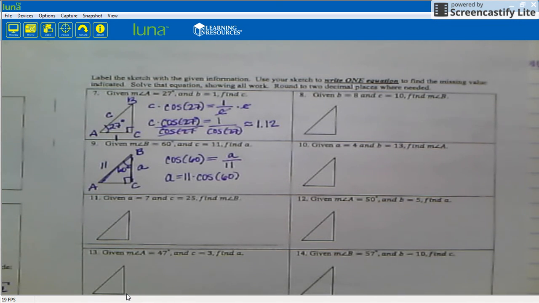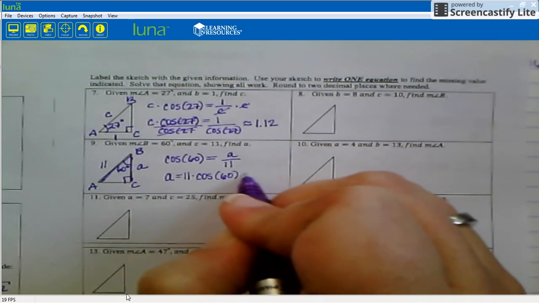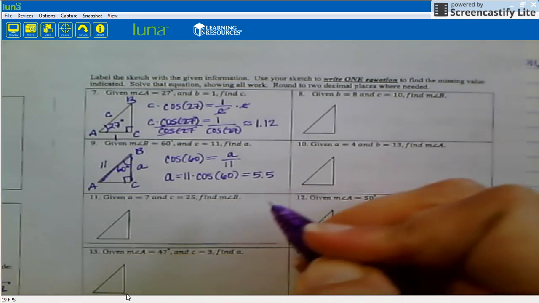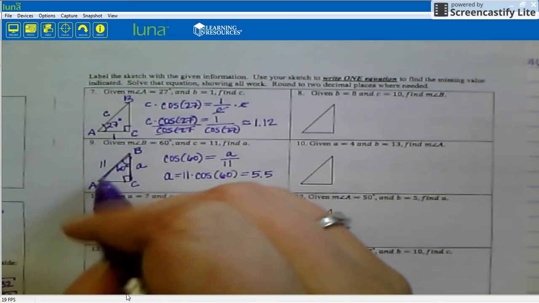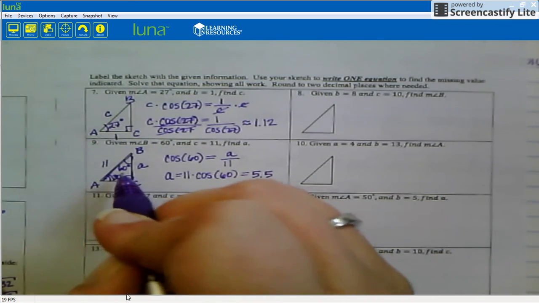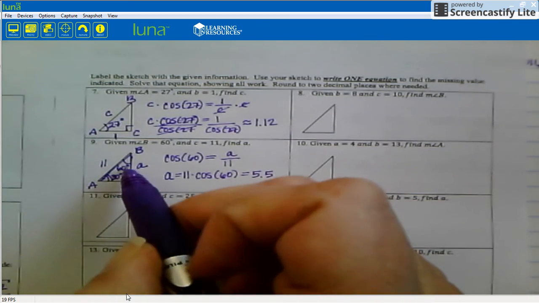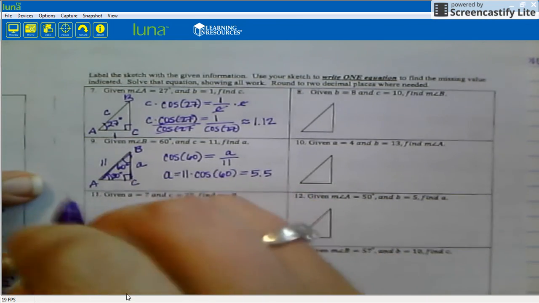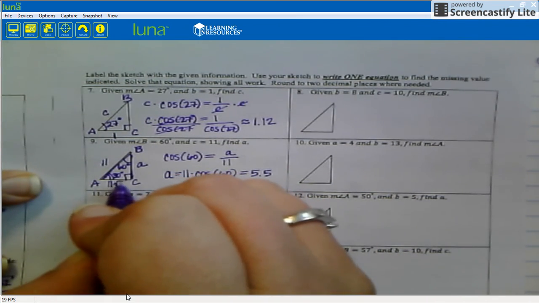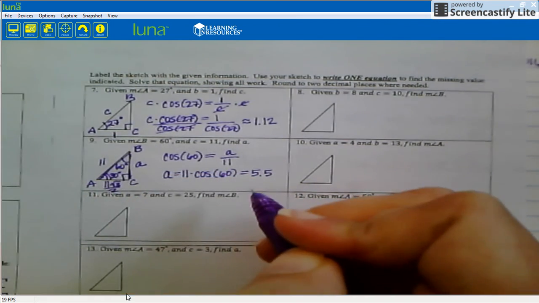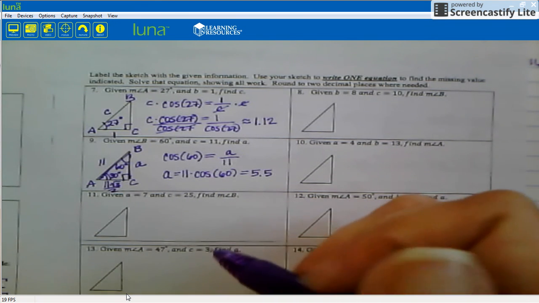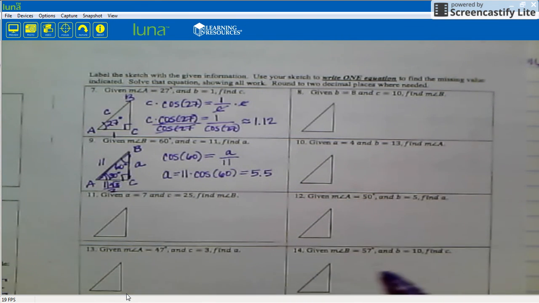Oh, because a is my short leg. So here is 5.5 for my a, which makes sense because this would have been the 30-degree angle instead of the 60-degree angle. So this side would be 11 square root of 3 over 2, which would be 5.5 times square root of 3, if I had paid attention to the angle measurements.